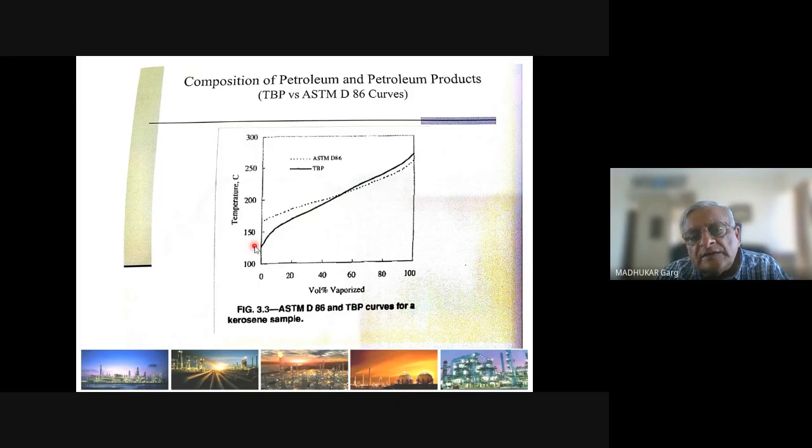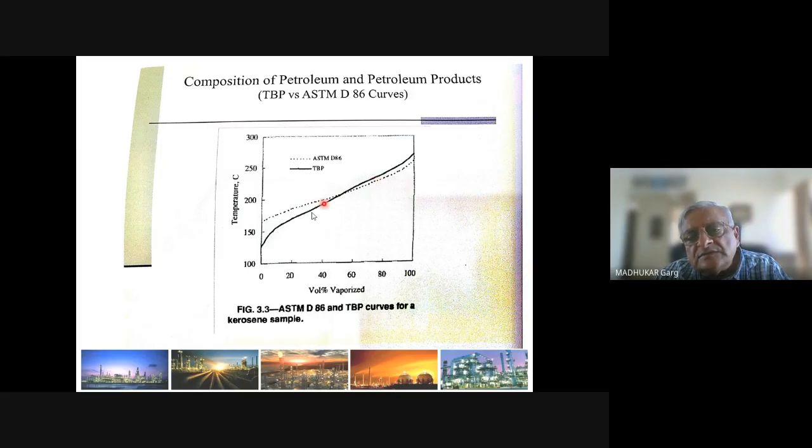Okay, and this is ASTM D86. What happens is that the first vapor which comes out when you do ASTM D86 would actually have some of the heavy ends as well. And as you go beyond the 50% point, the material will also contain some of the light ends.